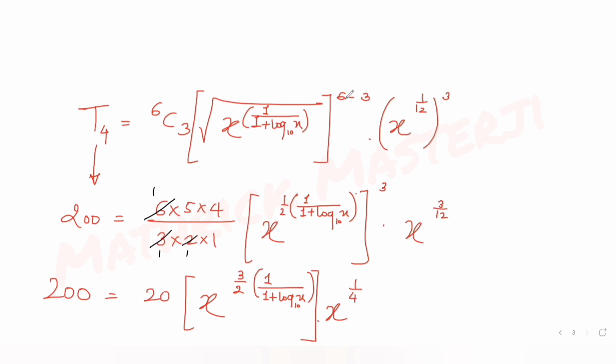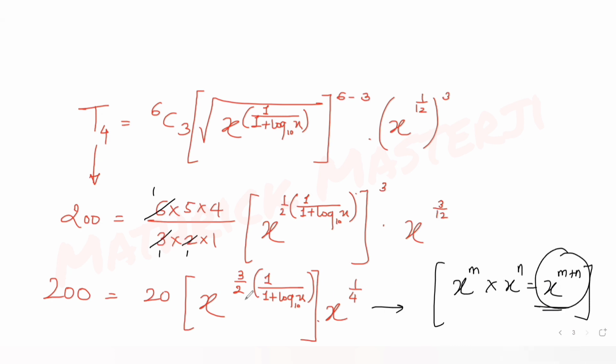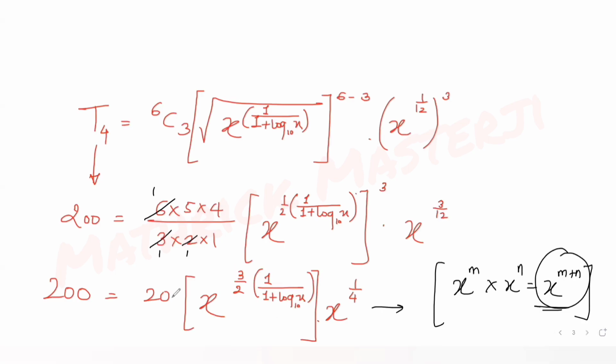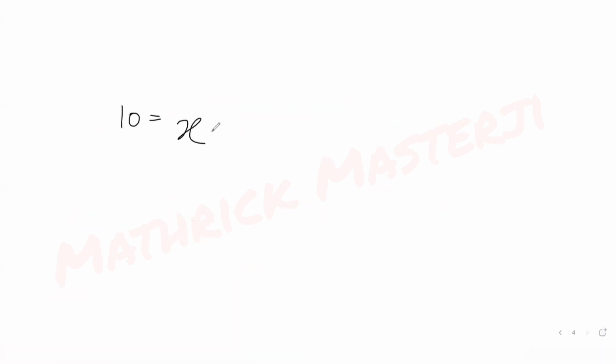When you have same bases, x raised to m into x raised to n is equal to x raised to m plus n, so the powers get added. Using that same idea, 200 by 20 becomes equal to 10, and this becomes x raised to 3 by 2 times 1 over 1 plus log x to the base 10, plus 1 by 4. So you get this entire thing here.